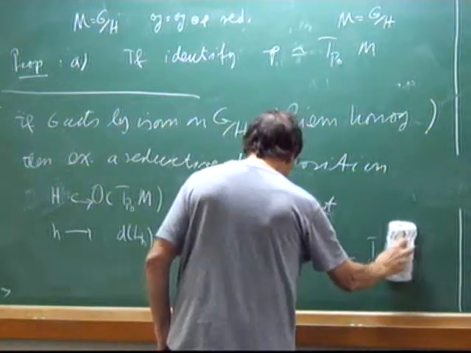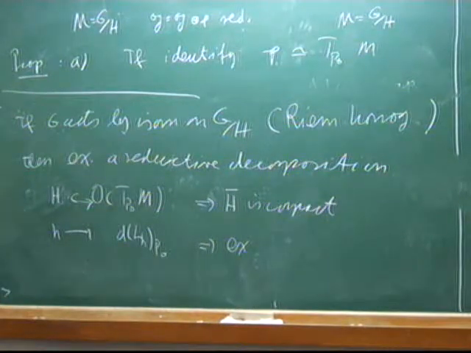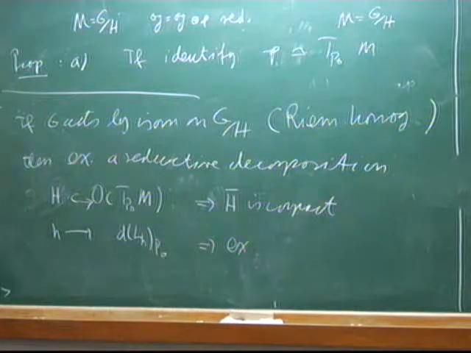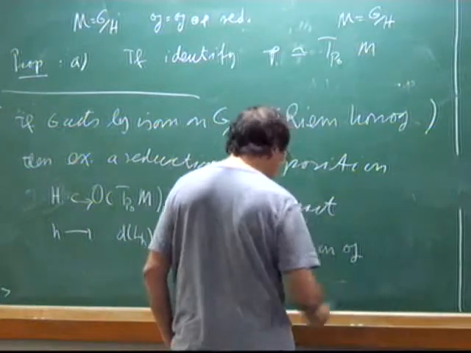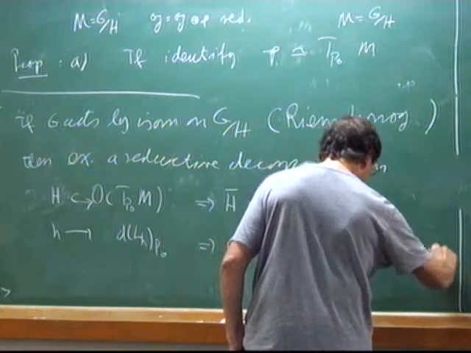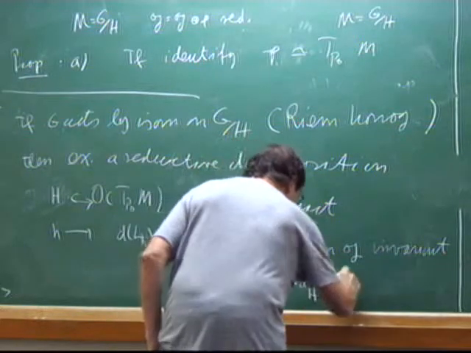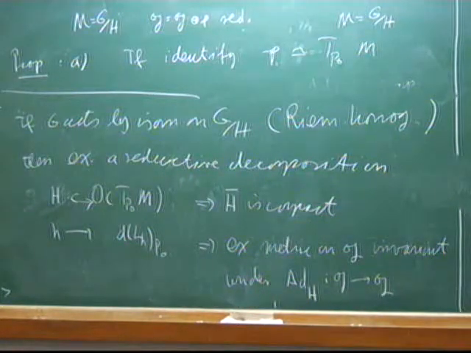I want to claim there exists an inner product on the Lie algebra of G, invariant under Ad H, acting from G to G now, not just from P to P. We don't have a P yet, we only want to define P, the reductive decomposition.